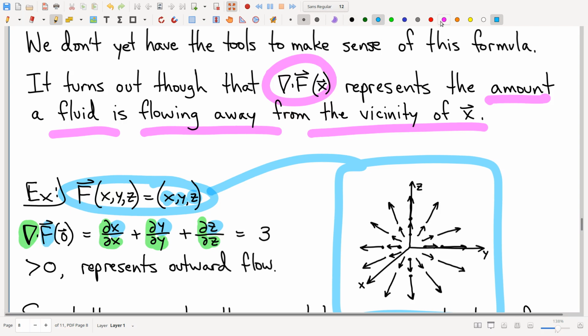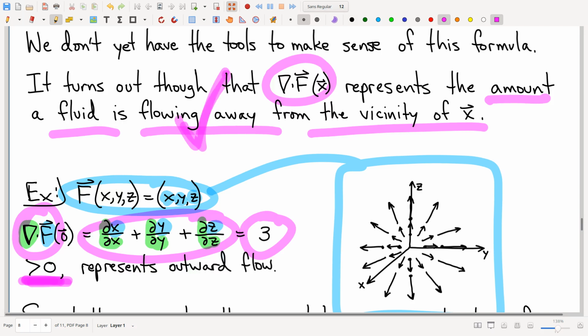And as a result, my divergence is the sum of three easy partials, as it turns out in this case. My divergence is 3, which you'll notice is positive, which means to some positive extent the fluid is flowing away from where we were looking. We were looking at the origin. So that tracks, that's consistent with the picture that we already have of a fluid flowing away.